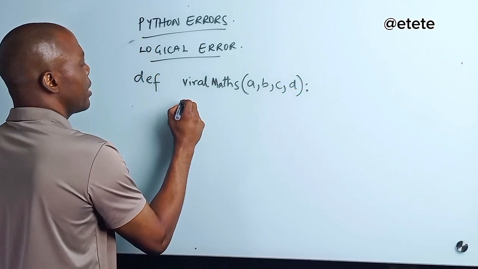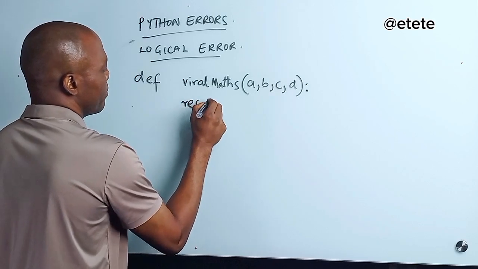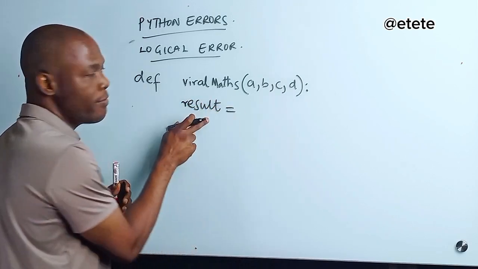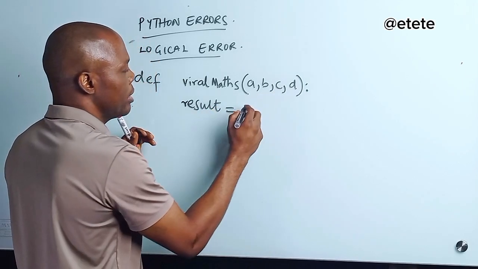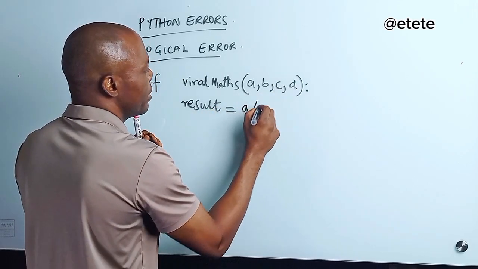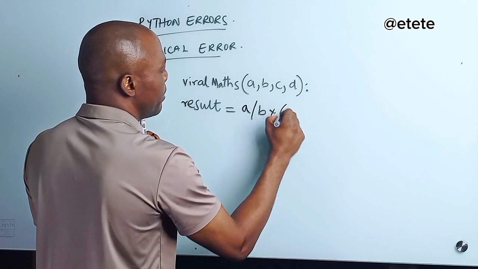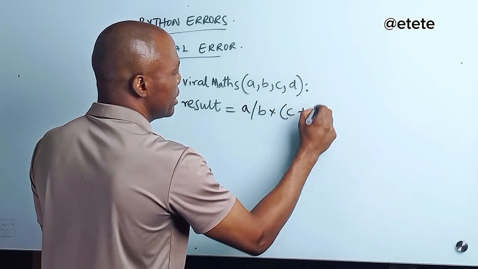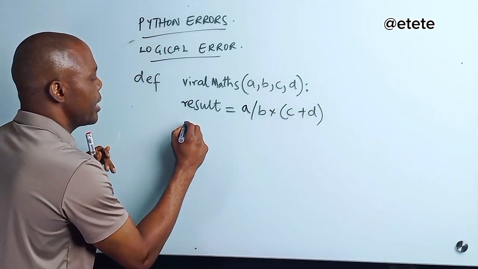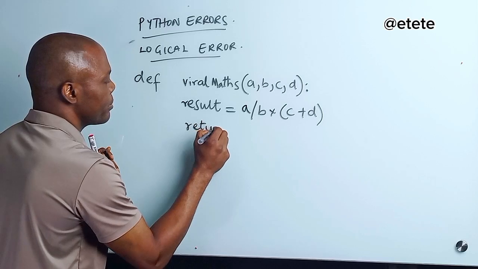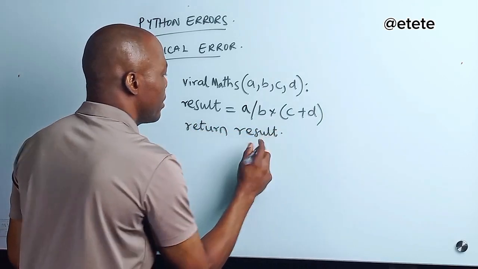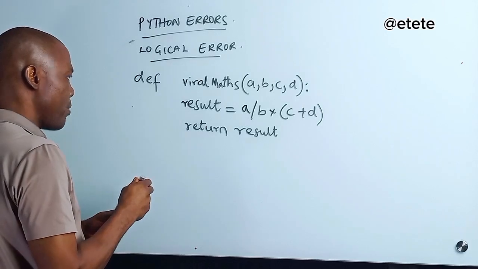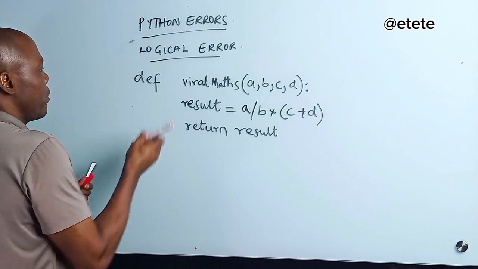Then I'll say result. I'll declare a variable so that whatever my answer will be is stored in this variable. So A divided by B multiplied by C plus D. What will it give me? And here I will say return result.